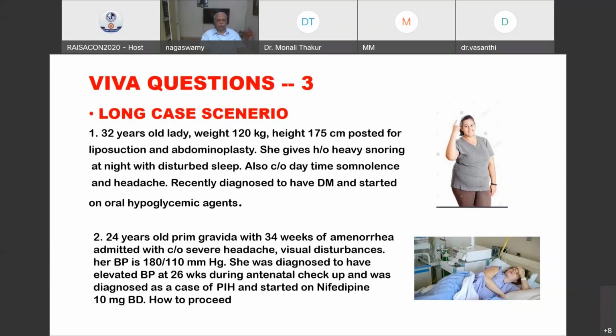They can easily go into airway obstruction or respiratory depression. And chronic OSA, if not diagnosed and treated, what changes could it have produced in the body? Which systems could have been affected? Sir, in the respiratory system, there will be reduction in FRC and a decrease in lung compliance.